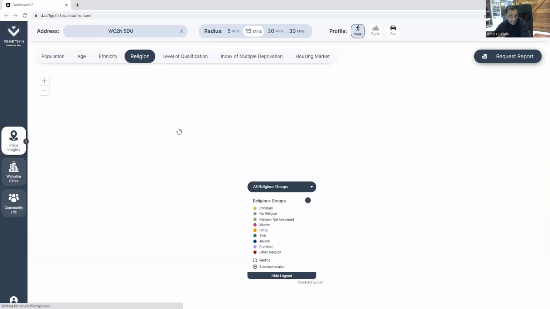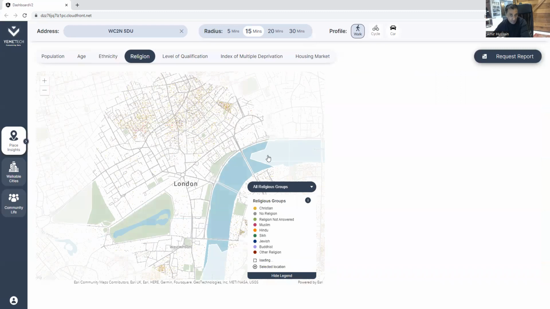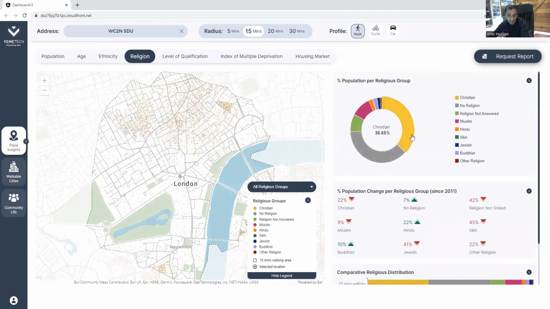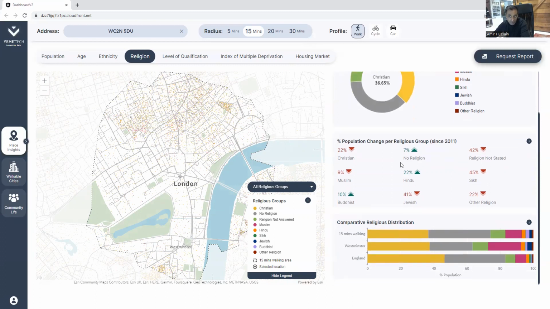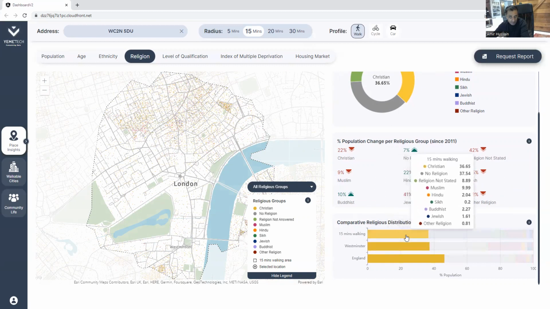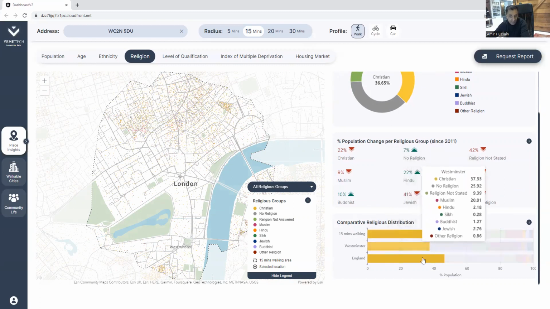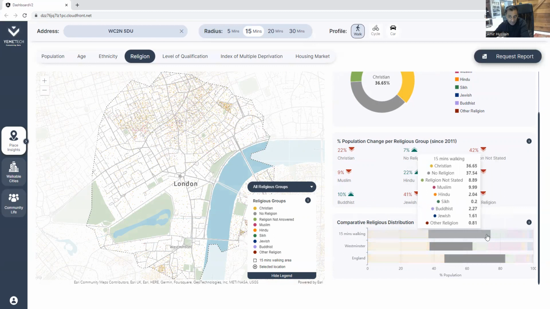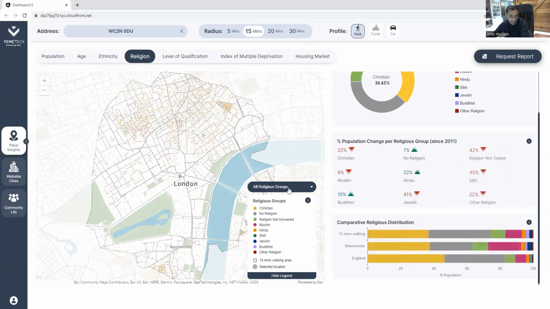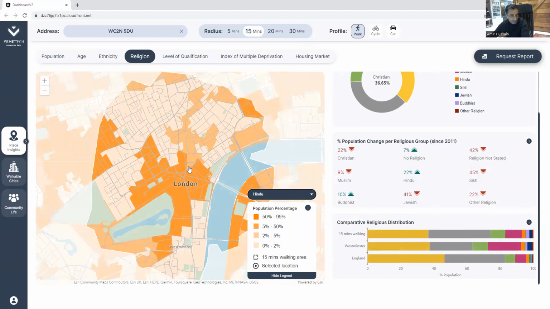We can do exactly the same thing then looking at this through the lens of faith, and we can see what the different types of faith groups we have within this area, and we can see how that's changed, and we can see how this area compares to the rest of the borough or city and the rest of the country. And we can see that across all of those faiths. And again, we can go through each one of those and identify which demographic is most prevalent in which areas.